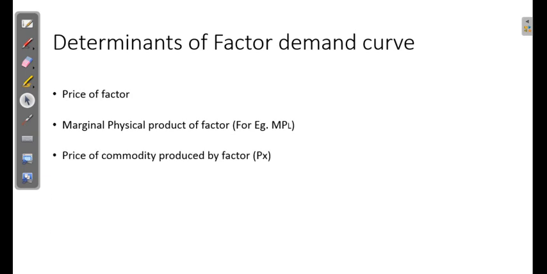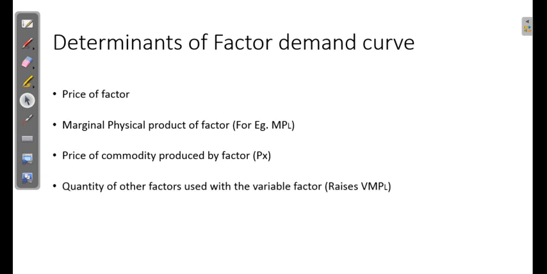The third determinant of the factor demand curve is the price of the commodity itself, which is being produced by the factor. This component is very useful because it can help us check the value addition done by the additional unit of labor. The fourth determinant is the quantity of other factors used with a variable factor. When the quantity of the variable factor has to be increased for producing goods and services, a firm may also require quantities of other factors which work in combination with the variable factor.